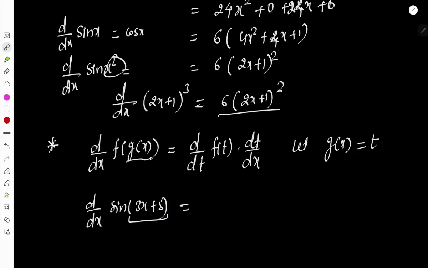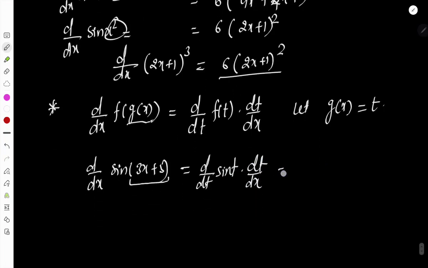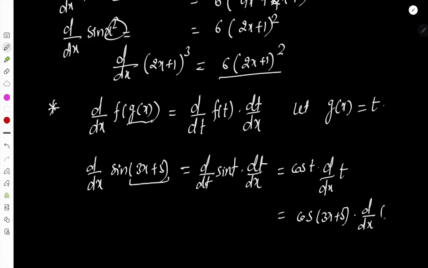So you assume 3x plus 5 as t, so I can write d by dt of sine t into dt by dx. Now sin t derivative is cos t, and d by dx of t. Put the t back: cos (3x plus 5) into d by dx of t, meaning here 3x plus 5.